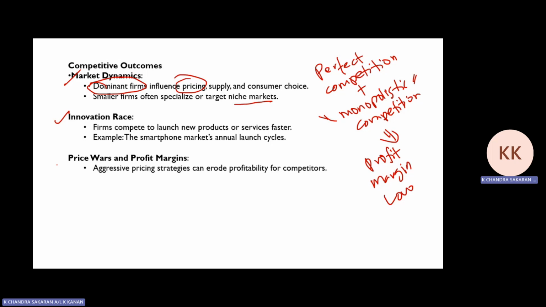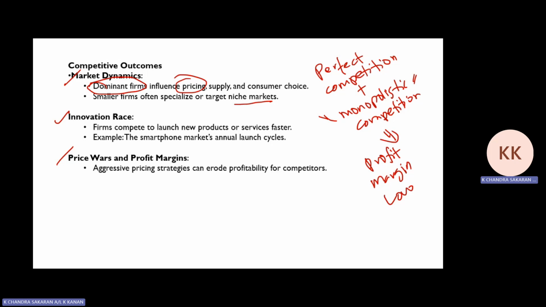Price war. Is there any price war? If there is a price war, the profit margin will be smaller. If there is no price war, the profit margin will be much higher. For example, take monopoly. Is there a price war in monopoly? No price war. They make a lot of profit. How about monopolistic competition? How about oligopoly? Oligopolies try to avoid price war.